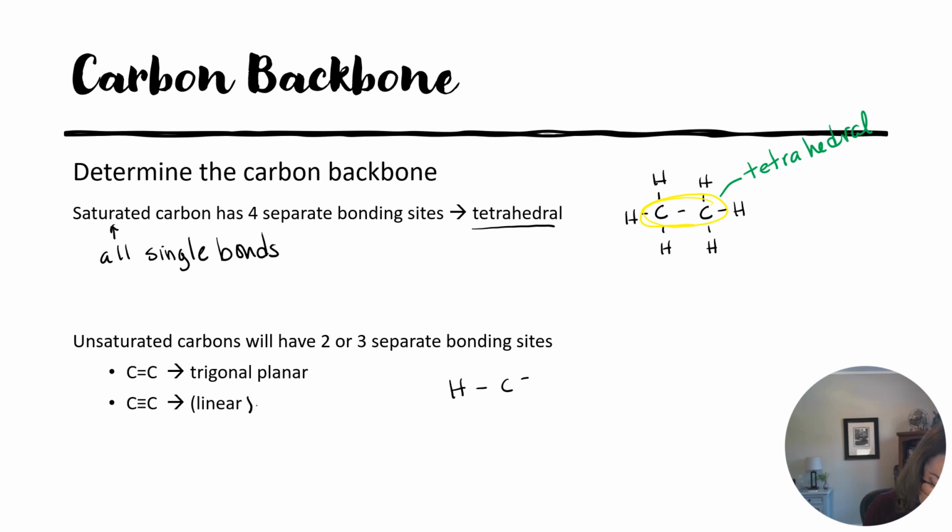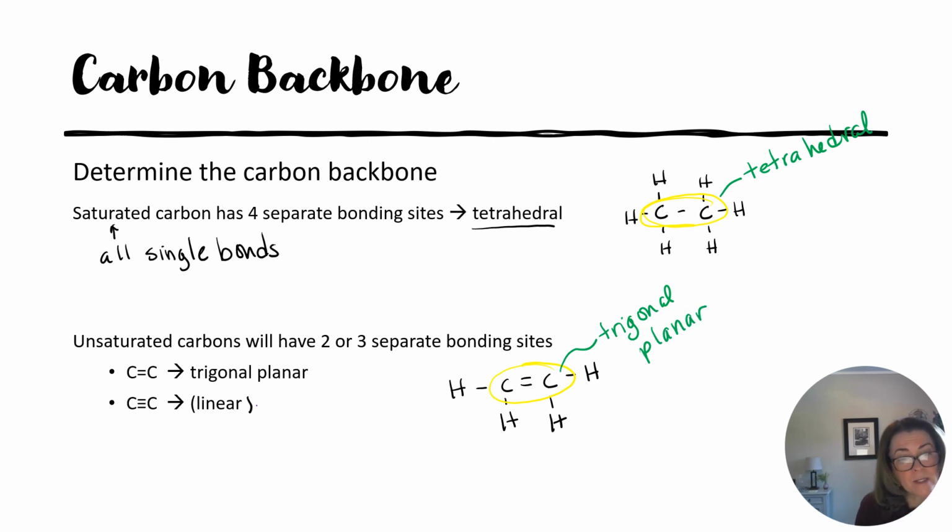So that might look something like this. Oops. I can draw. Okay. And again, I'm looking at that carbon backbone and I'm looking at the shape around that carbon backbone. And so that carbon atom, or each of those carbon atoms, is going to be trigonal planar.